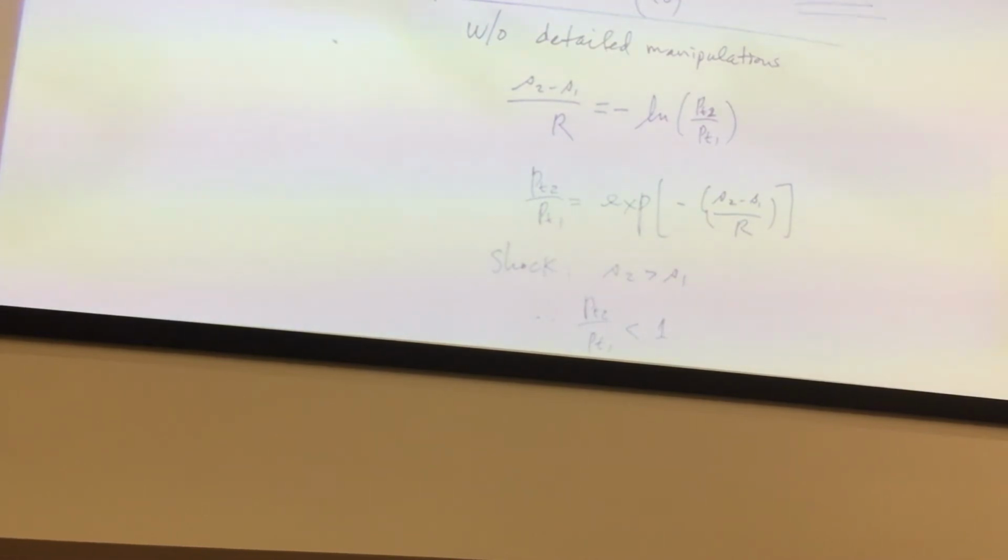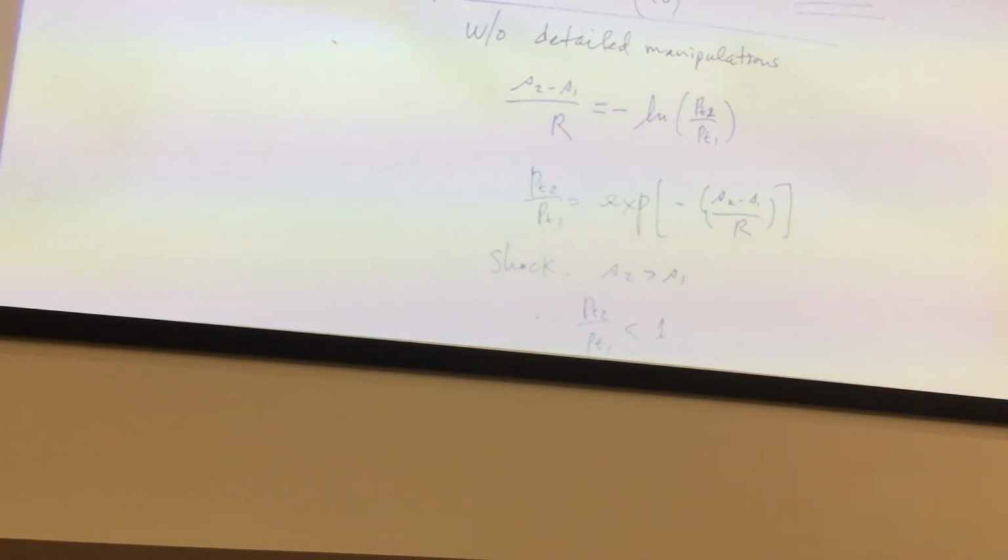So what does that mean? PT2 being less than PT1 means that if you have a shock wave, your gas, or your air in aerodynamics, really loses its ability to expand. Let's say a shock wave causes the stagnation pressure to go from 500 kilopascal down to 200 kilopascal.